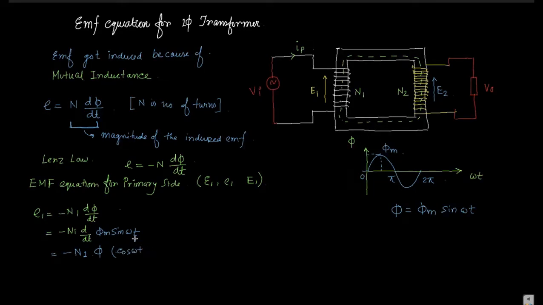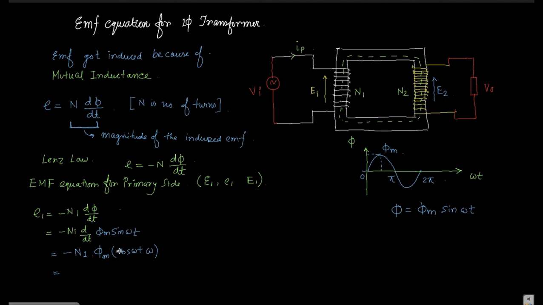As omega is extra, we multiply it with omega. So we can write E as minus N1 into phi m cos omega t into omega.